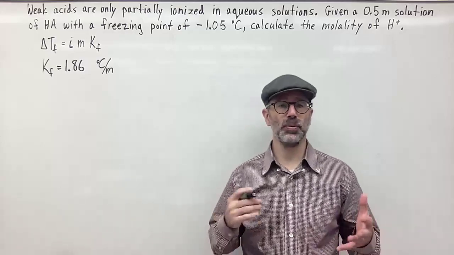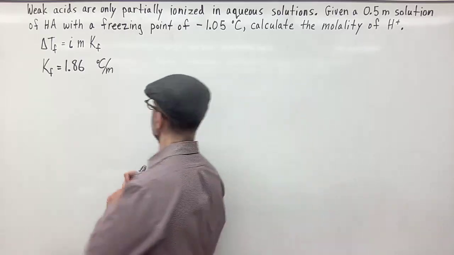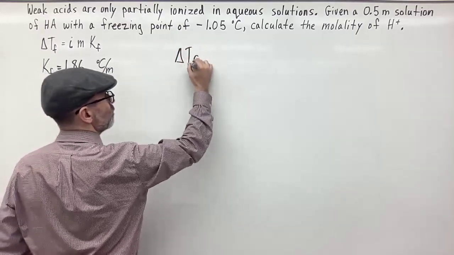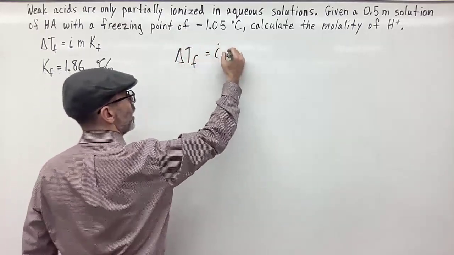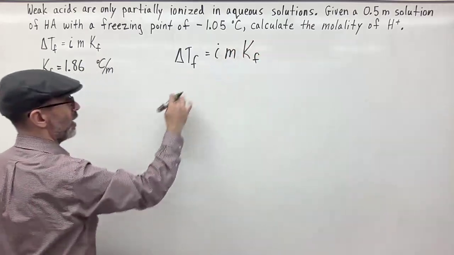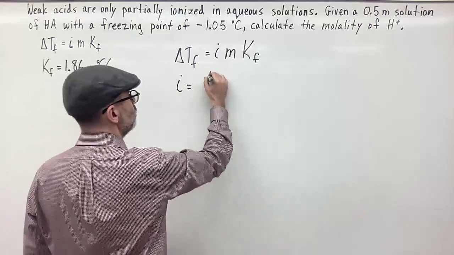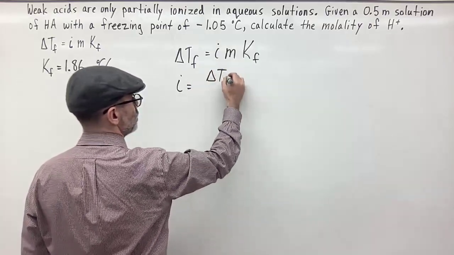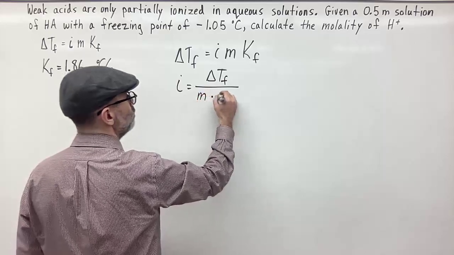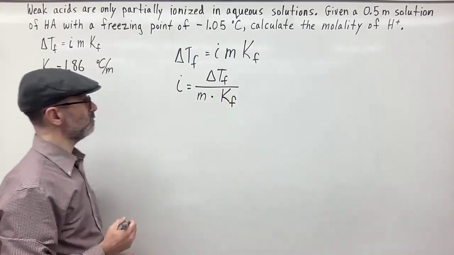So all we have to do is plug it into the equation and solve for the Van 't Hoff factor, which is i. So here we have delta Tf equal to i times molality times Kf. Solve for i, and we get i is equal to the change in the freezing point temperature divided by the molality times the freezing point depression constant.